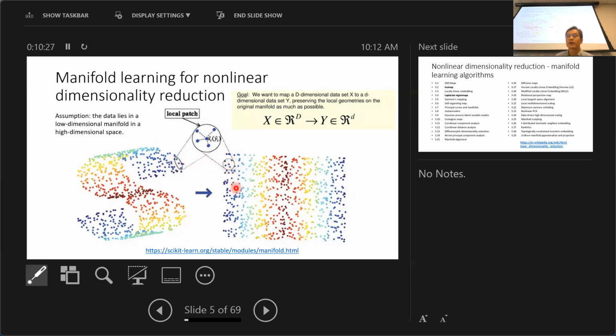Well, for the distance between two data points which are not so local, from blue to red, in this high dimensional space, if you use Euclidean distance, you can jump from here to here.